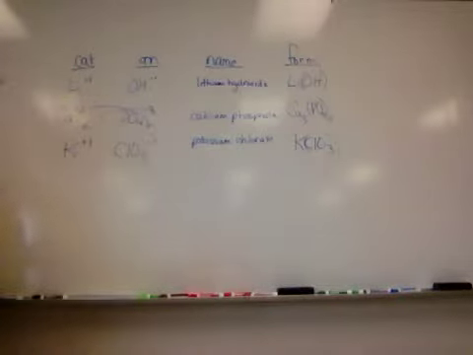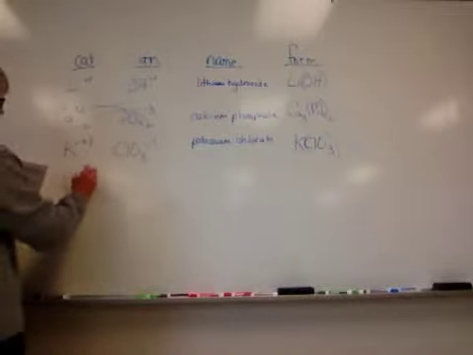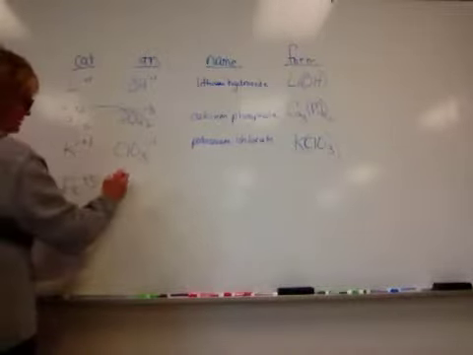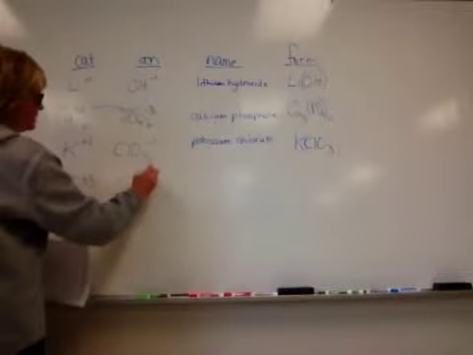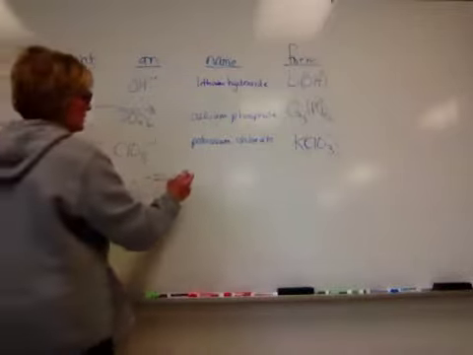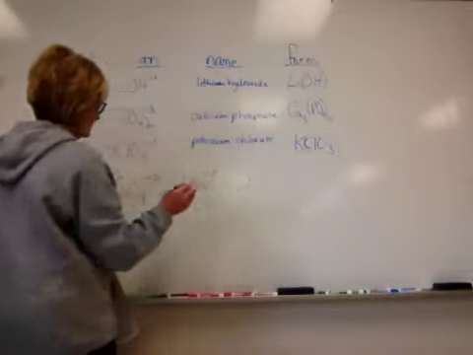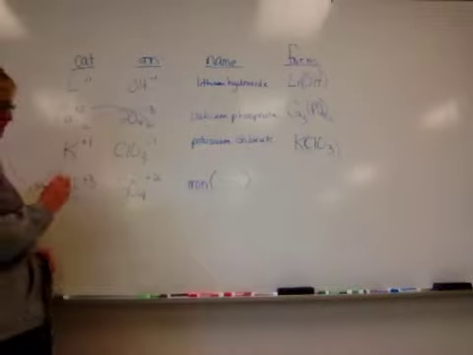And then I'll do one more. I have iron and what? Sulfate. Iron is a what? Transition metal. So you have to have parentheses in the name. So I have iron, parentheses. Last name is sulfate.